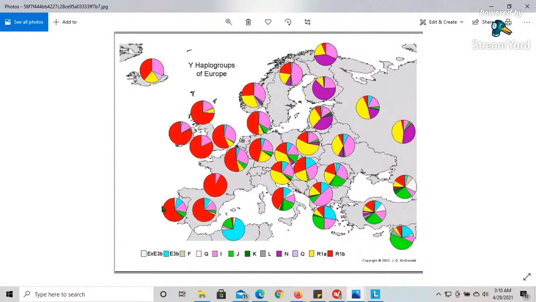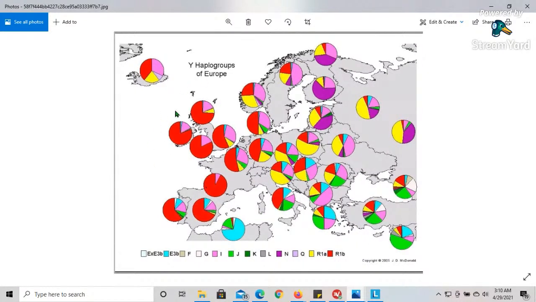And the question is, how did all this red get here? The red got there partly from the steppe people coming into Europe, which included Israel as well, but they brought with them the RY chromosome as well.